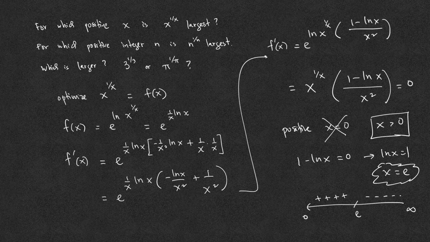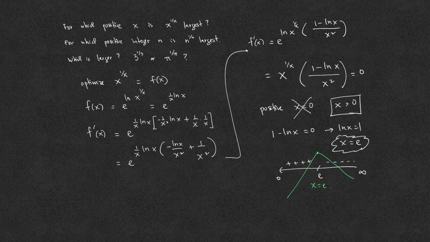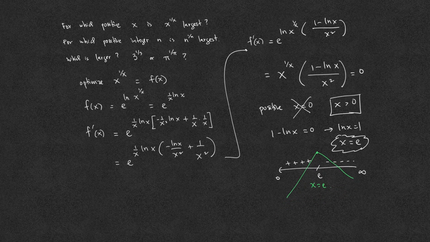This means that we will have a maximum at x equals e, and there is only one critical number on the open interval. This is also the absolute maximum.